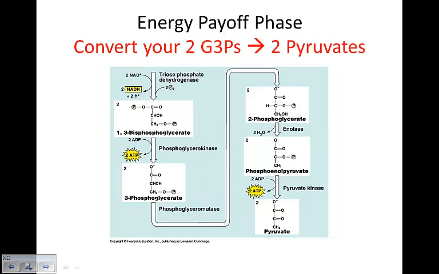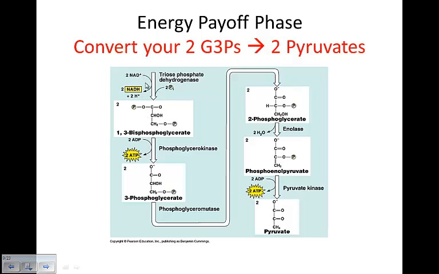Let's look at this. Here's the energy payoff phase. So now we're going to convert those G3Ps that we just made into 2 pyruvates. So this phase is going to end up yielding, you can see here, we're making 2 ATPs here, and we're making 2 ATPs here.